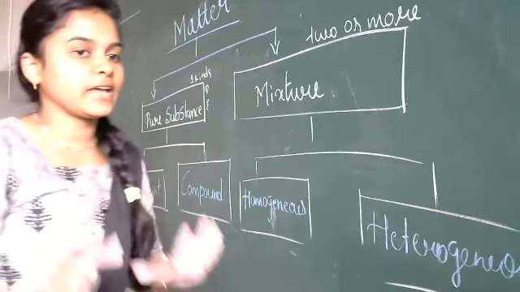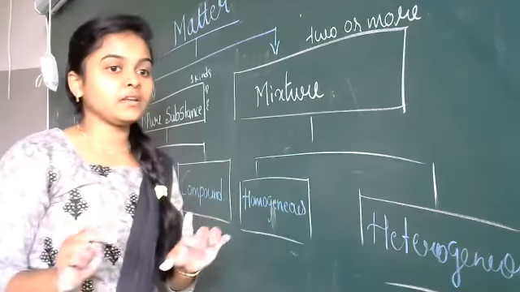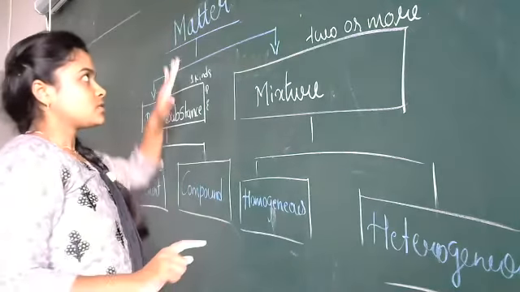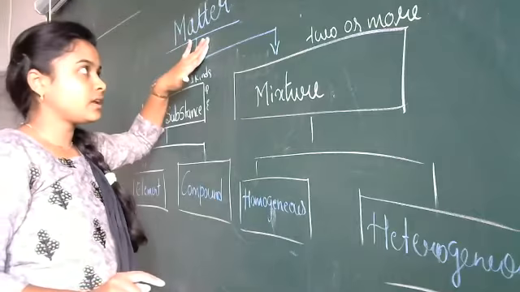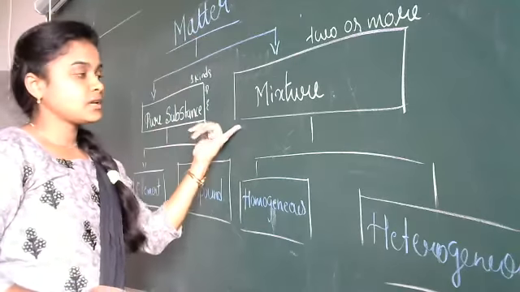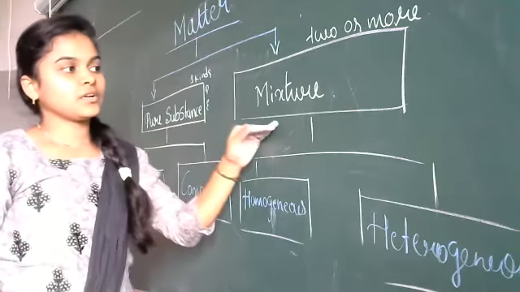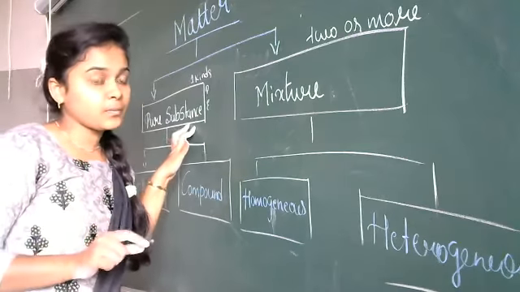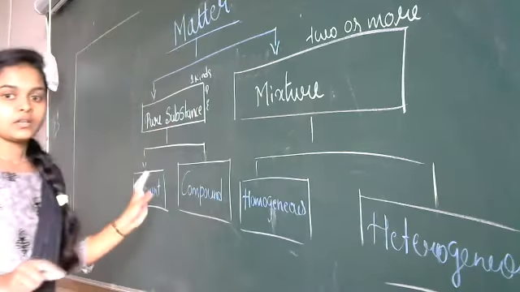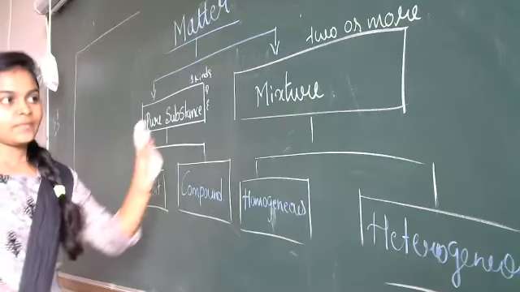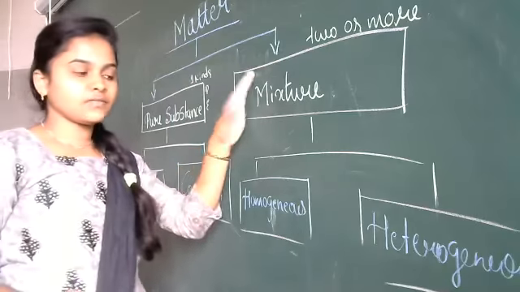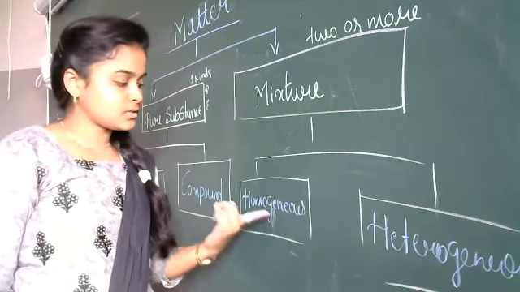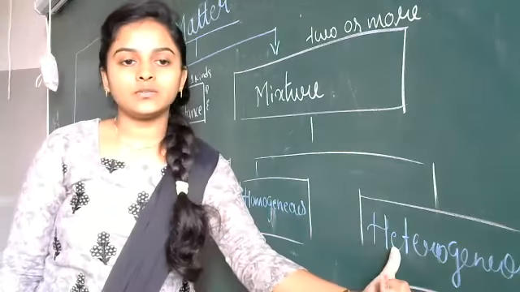So in short, I will explain this chart. Matter has two types: one is pure substance, and the other is mixture. Pure substances are those made up of either elements or compounds. In mixtures we have two types, homogeneous and heterogeneous.